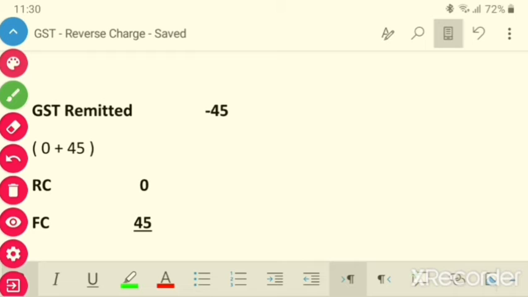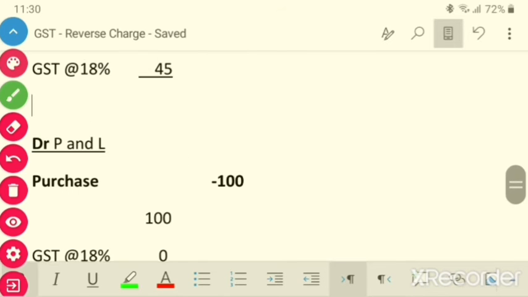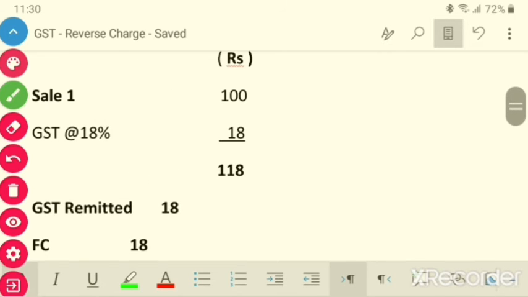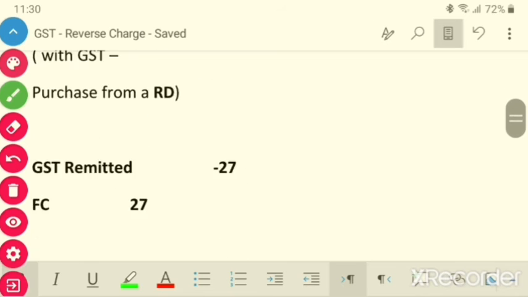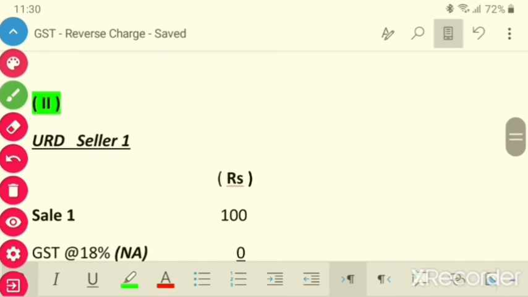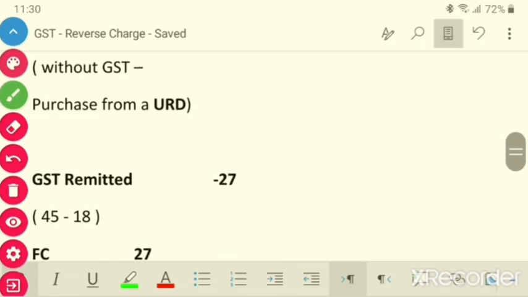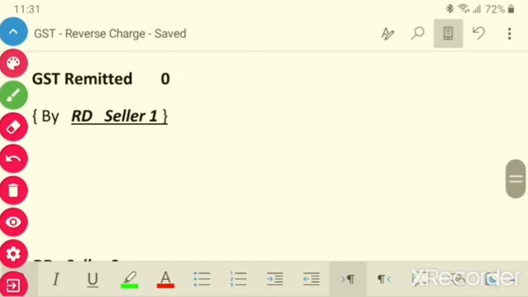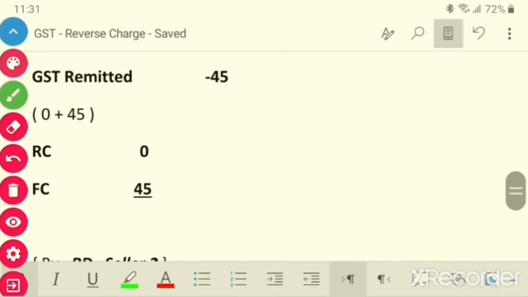There is no reverse charge because there is no specific provision, so assuming forward charge, 45 will be paid. That is 45 rupees on output that you will pay. On input, tax is 0. So GST remitted is 45.